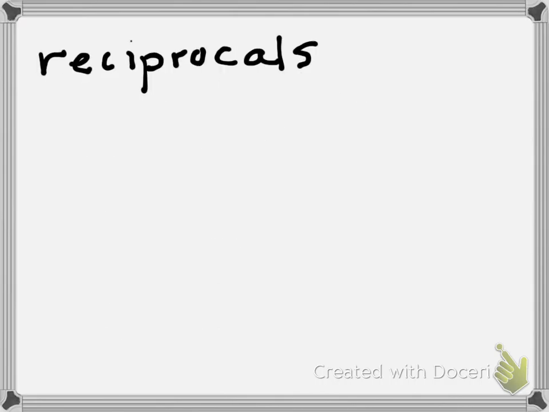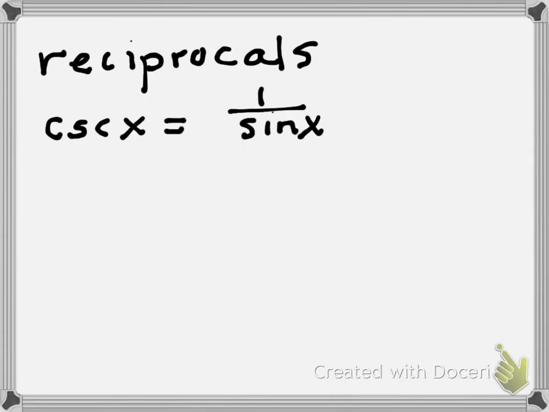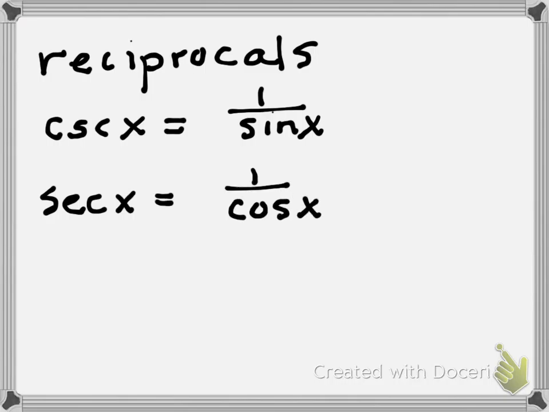We've done reciprocals before, but if you have the cosecant of x, that's equal to 1 over the sine of x. And of course, in the same way, the sine of x is 1 over cosecant. Secant of x is equal to 1 over the cosine, and cotangent is equal to 1 over the tangent.